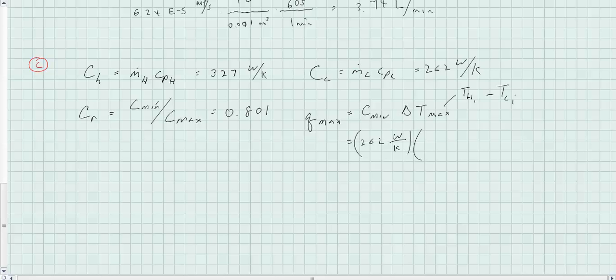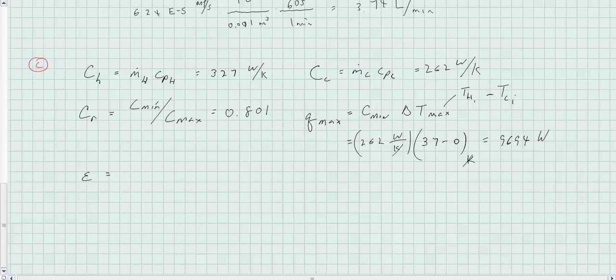So in this particular case, it would be 37 minus 0, and that's in Kelvin, at least the change would be equivalent. So you've got a maximum wattage of almost 10,000 watts.